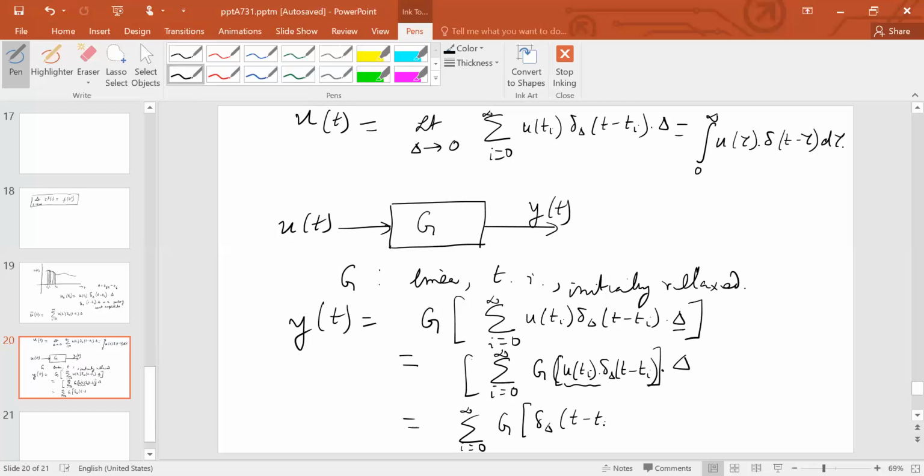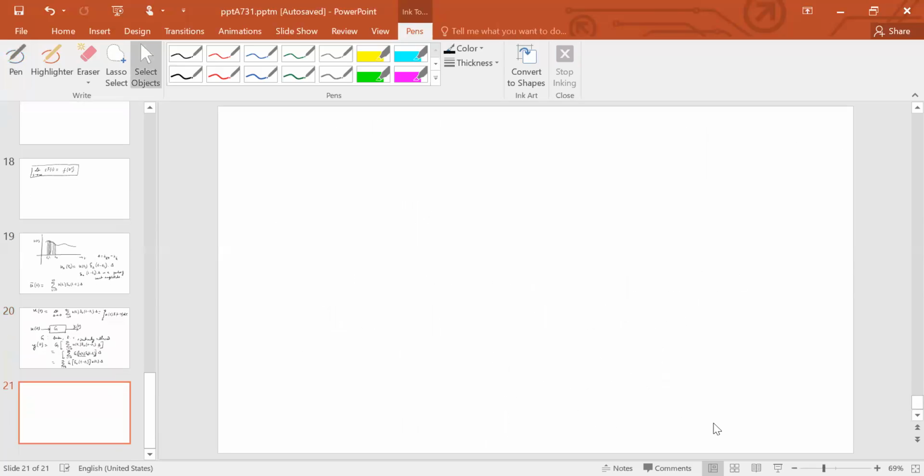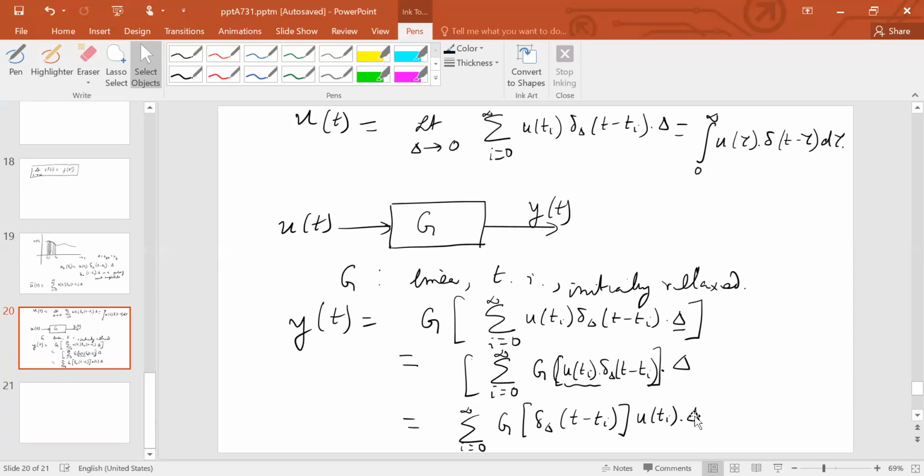What is the specialty of this? Why did we strive towards this? What is the point of everything that we did so far? The point is that now if you let this delta tend to 0, this reduces to the integral.